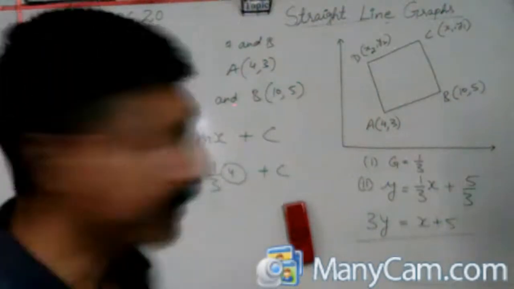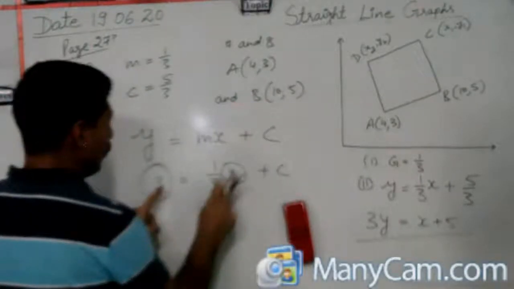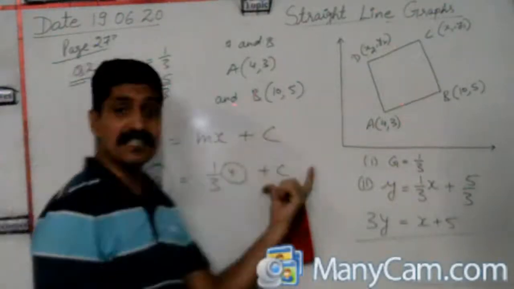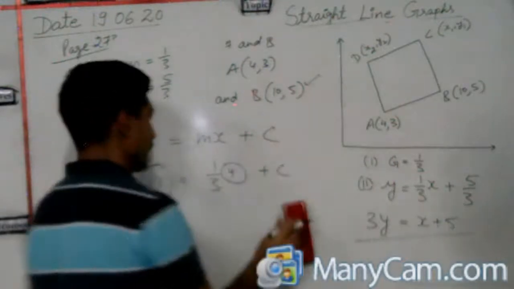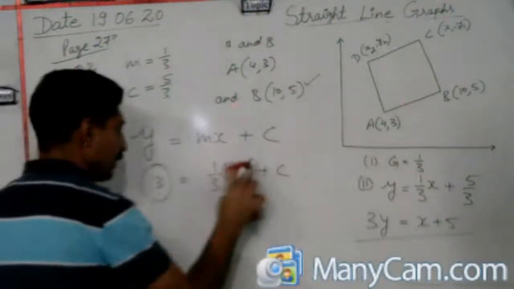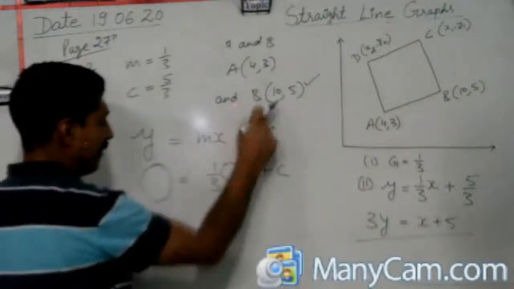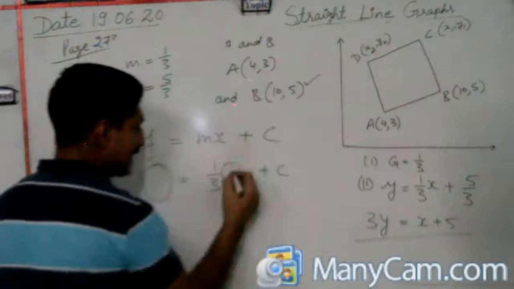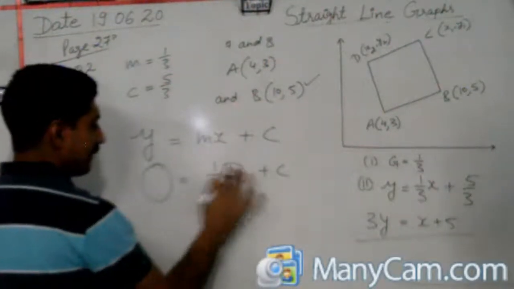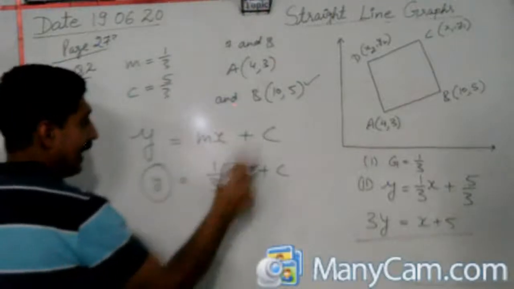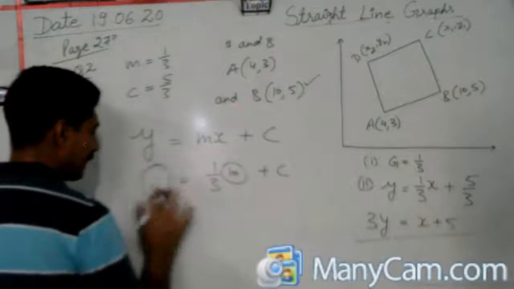One more thing, we can get this value by substituting point B. The value of c will remain the same. Suppose in place of x and y, I am substituting the values of B, x is 10 here, and y is 5.